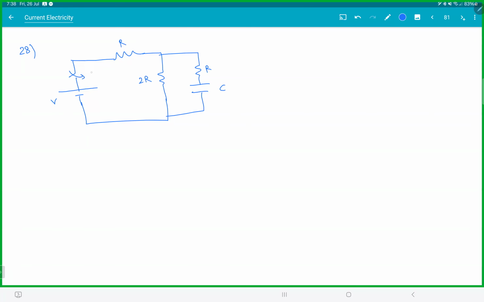Find the charge on the capacitor as a function of time t. Kirchhoff's law, there's no way out.